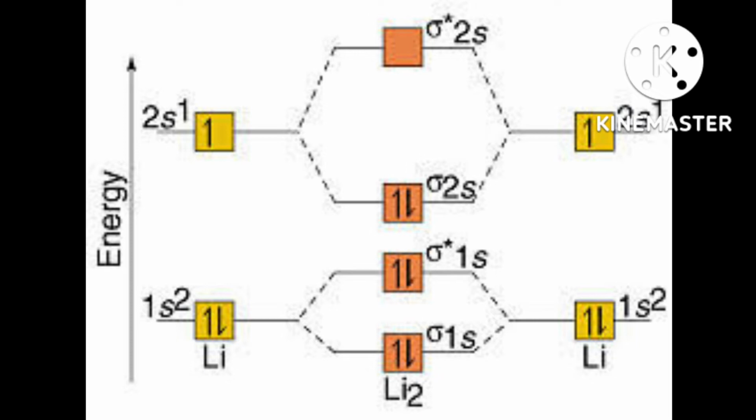If the internuclear axis is taken to be in the Z direction, then what will happen for x and y? Then it is related to that.